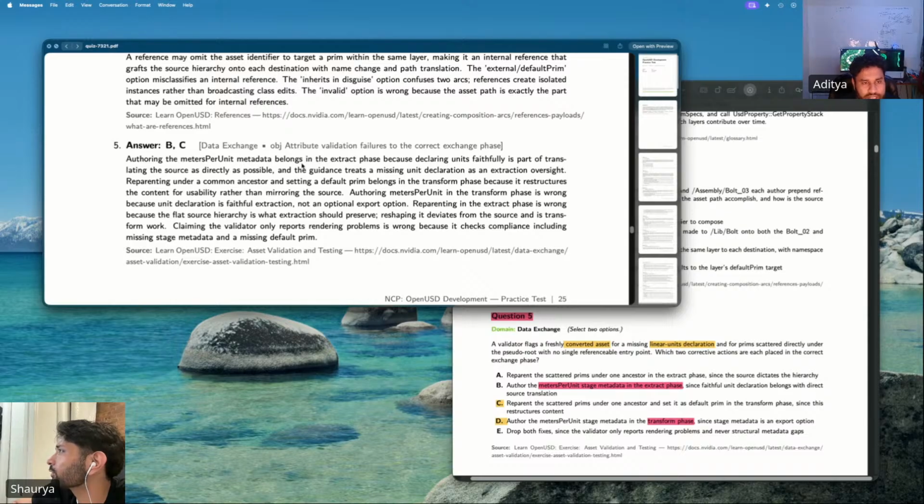Because declaring units faithfully is part of translating the source.